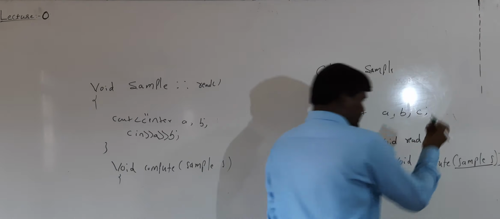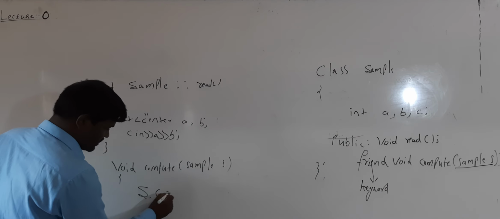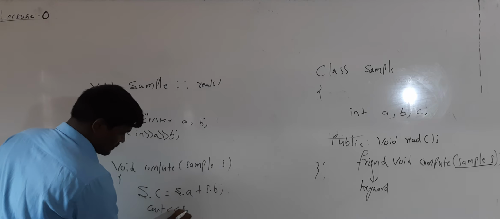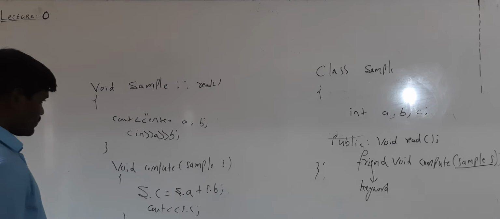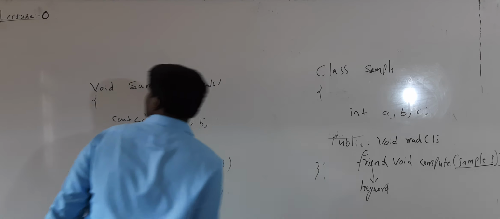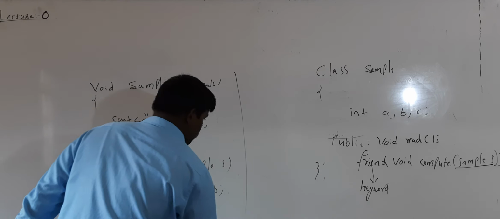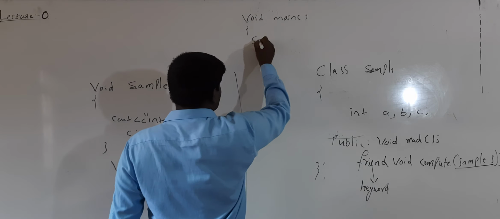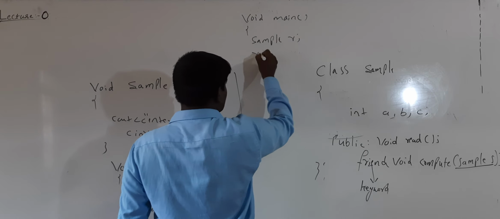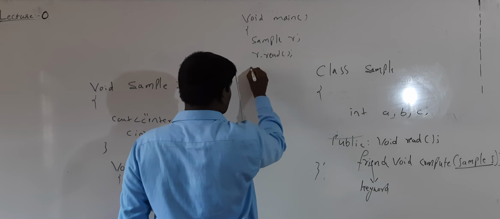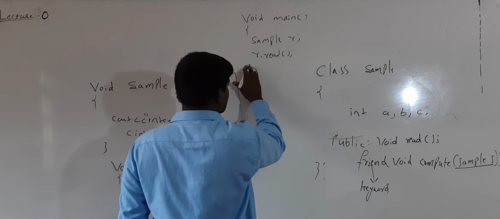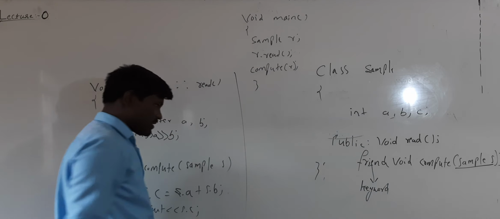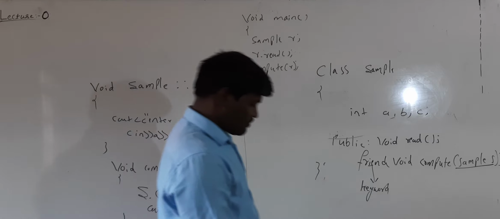I can declare one more variable for storage purposes. So s.c is equal to s.a plus s.b. Here I can write void main. See here, this is the example for friend function.